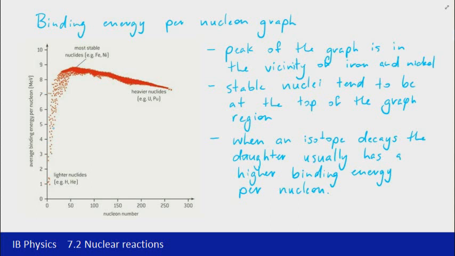So when we're talking about these points, we're usually talking about the larger nuclei over here, rather than the smaller ones in here, where there are quite a few that are stable. Generally speaking, anything that's small, as we saw, would decay by beta decay, so that means that they're usually going to be moving up in that graph, given that the nucleon number won't change, but the binding energy per nucleon will increase.